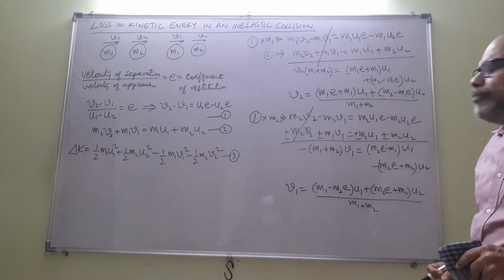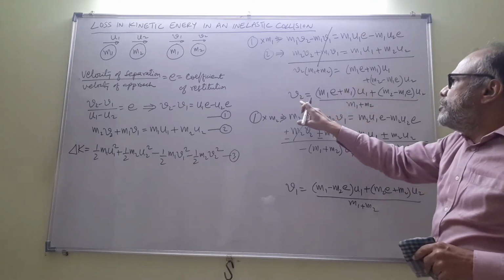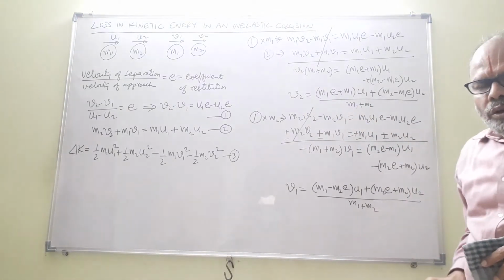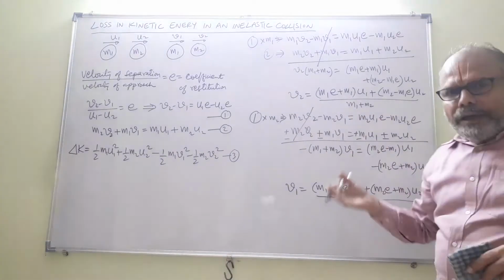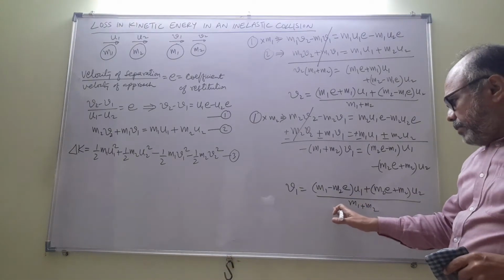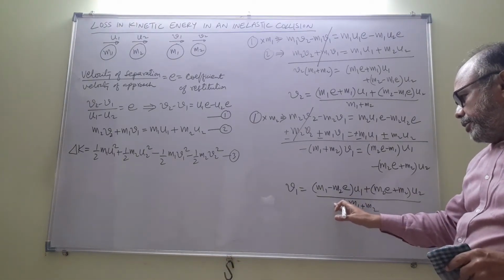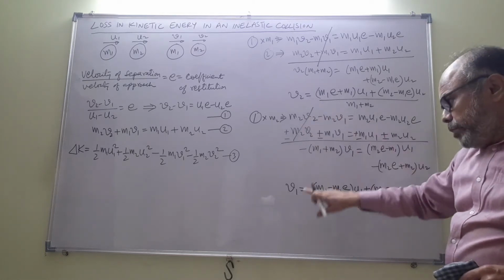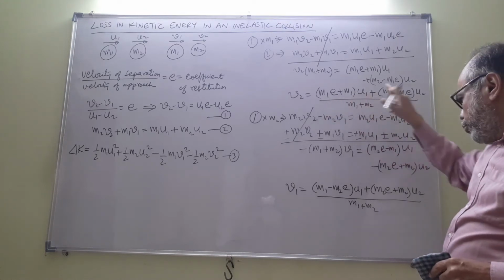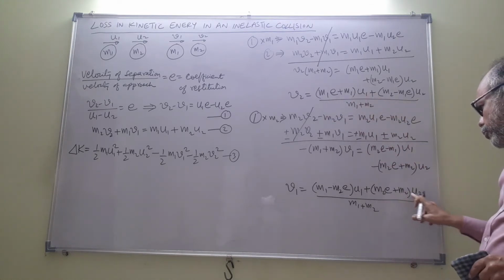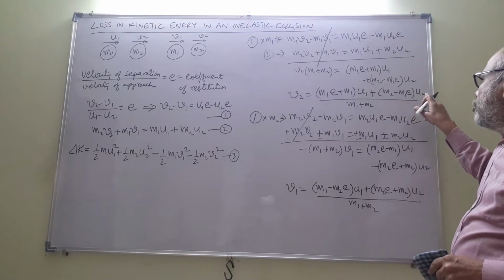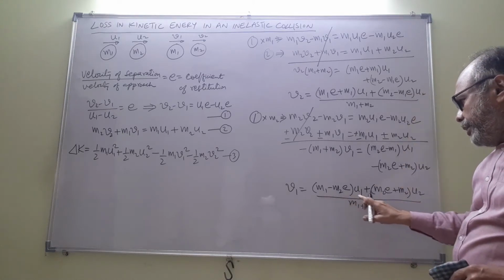The interesting thing to note here is that if in the expression for V2, wherever we have suffix 2, you make that 1, and wherever the suffix is 1, you make it 2, you get the V1 expression. So you have M2 e plus M2 into U2, and M1 minus M2 e into U1.